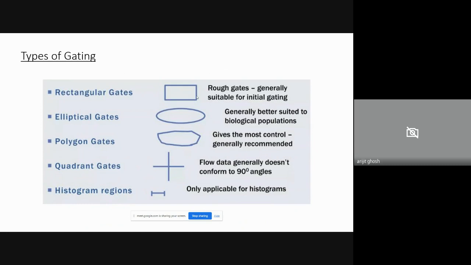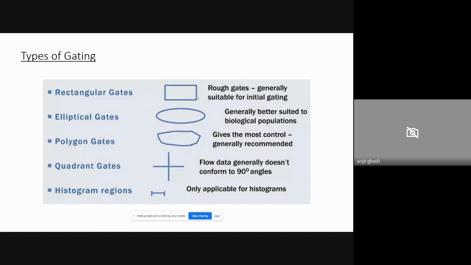Suppose we are doing an experiment with two fluorochromes, one is FITC and another is APC. There may be some of the population which doesn't express anything, like in the previous slide, some of them may express only FITC, some of the cells may express only APC, and some of the cells can express both of the fluorochromes.